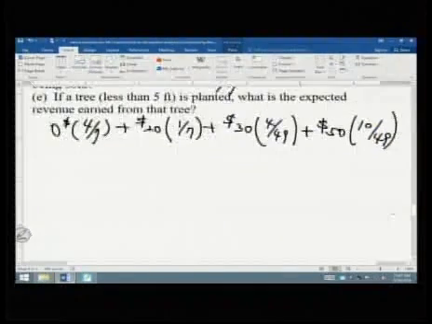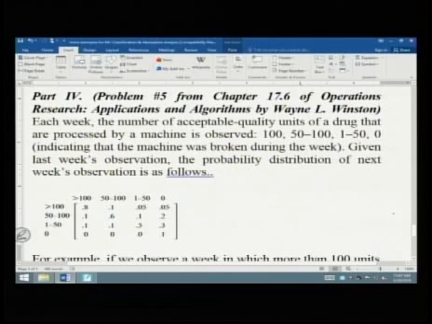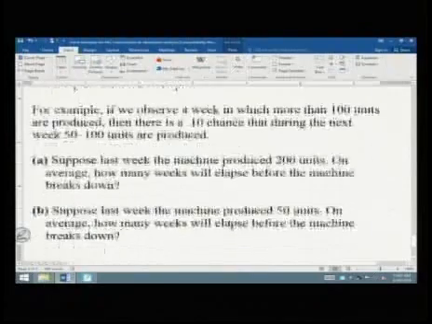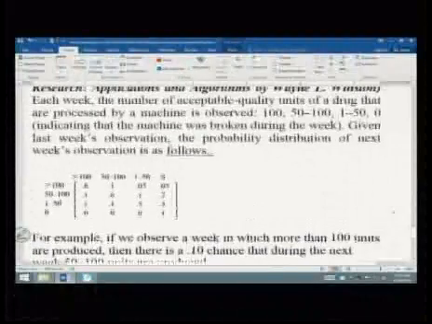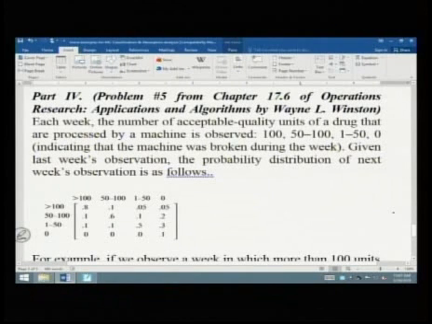Okay, now let's move on to the last problem set for today. Again, I've got this problem from Winston's operations research textbook. So we just need to do the same procedure, right? Because the given Markov chain is the absorbing Markov chain, right? That does contain one absorbing state and then 3 transient states, right?